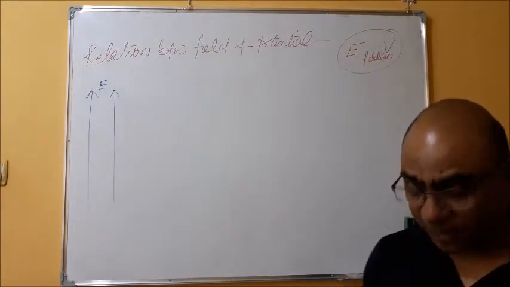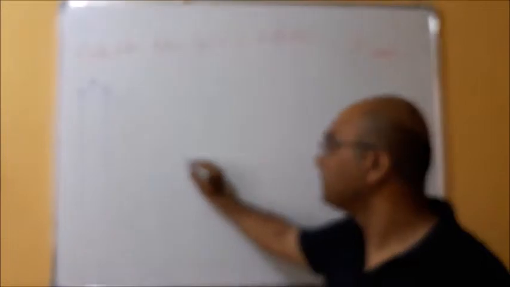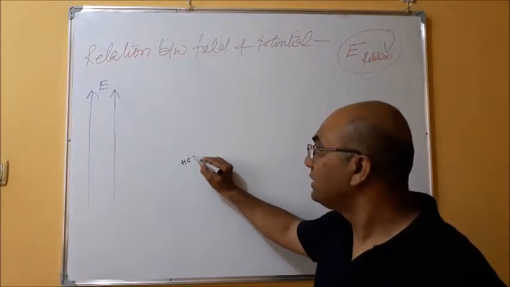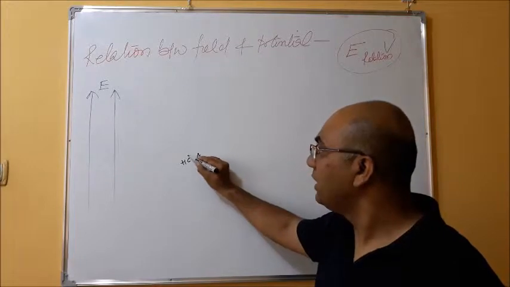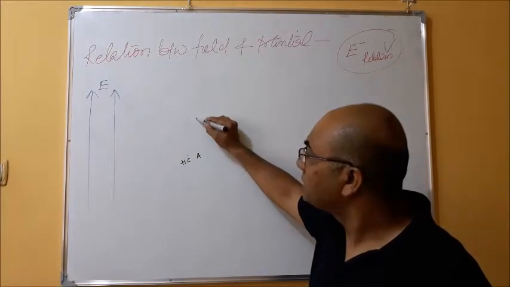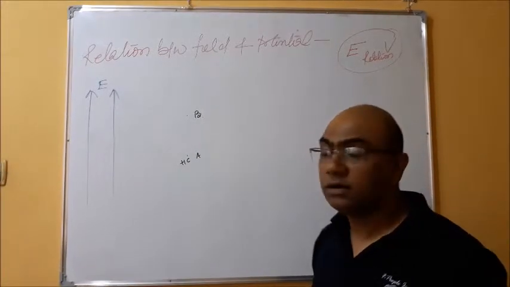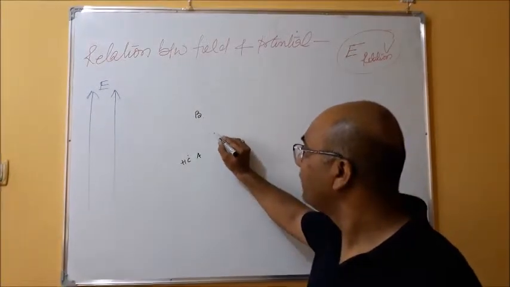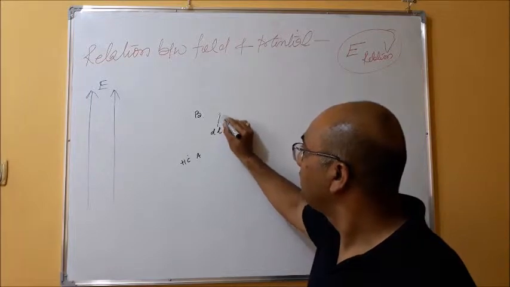Now I'm saying a unit charge plus 1 coulomb is at point A initially, and now after some time it would be at point B, and the distance between A and B is, suppose, dl.